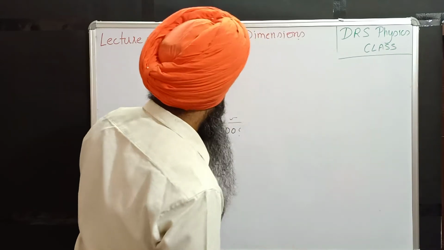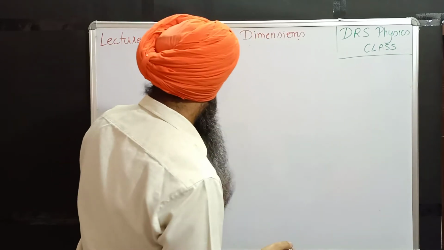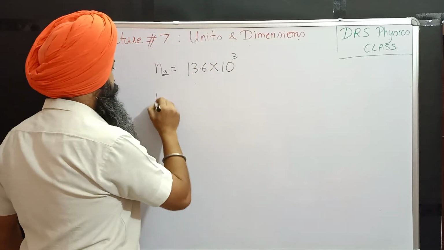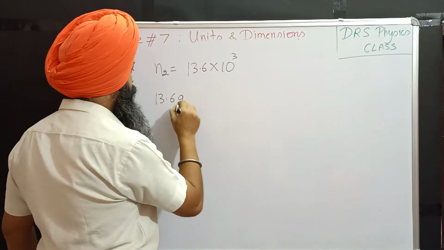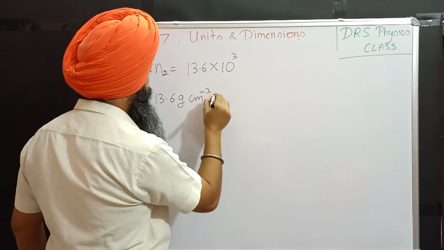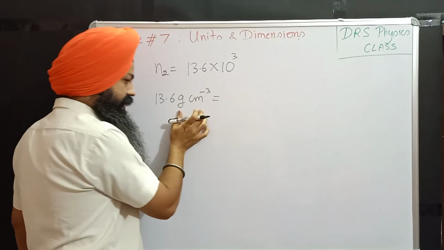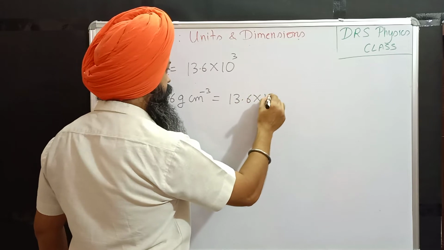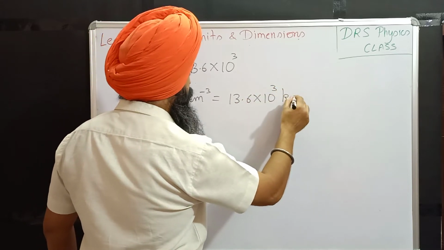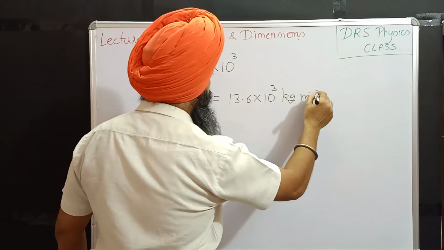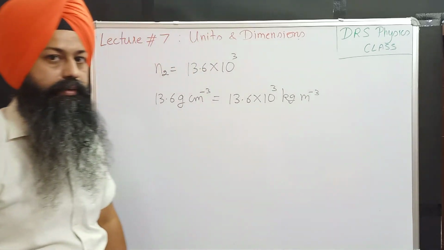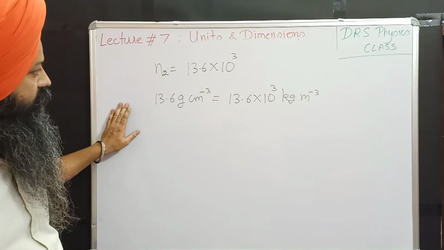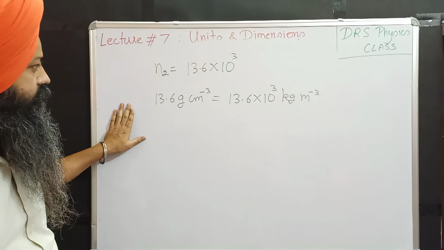So we say that we have solved the problem that 13.6 gram per centimeter cube density in CGS system is equal to 13.6 10 to the power 3 kilogram per meter cube. So we have converted these values.